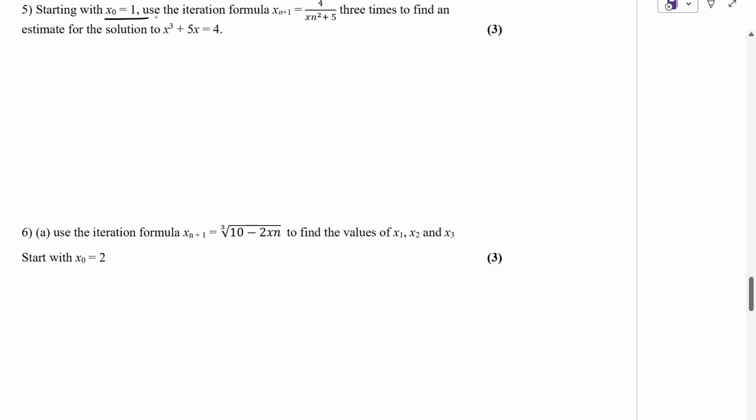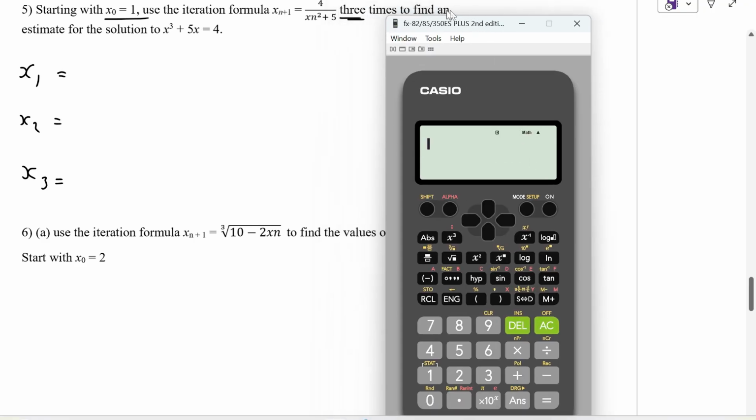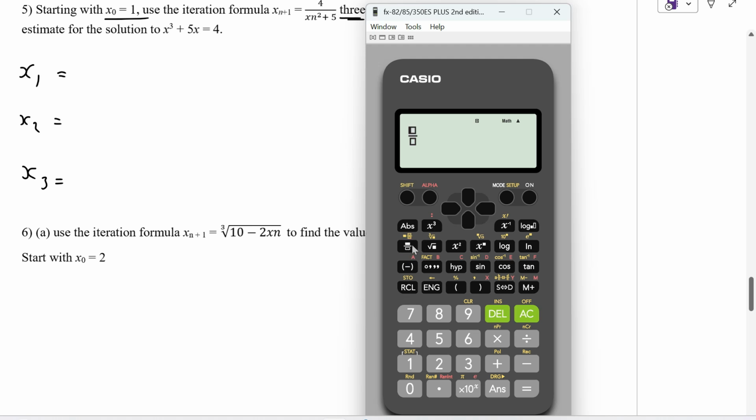Okay, we're starting with x0, so we know that we've got to find x1, 2, and 3. Getting our calculator, 4 over xn squared plus 5, so 2 over 3.